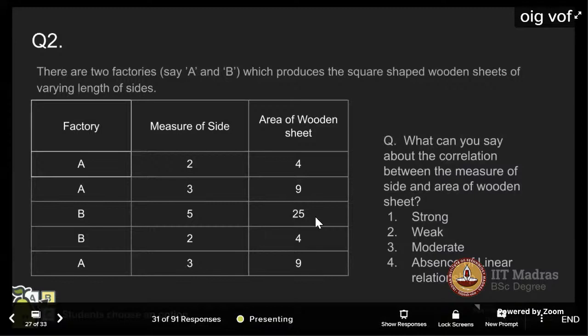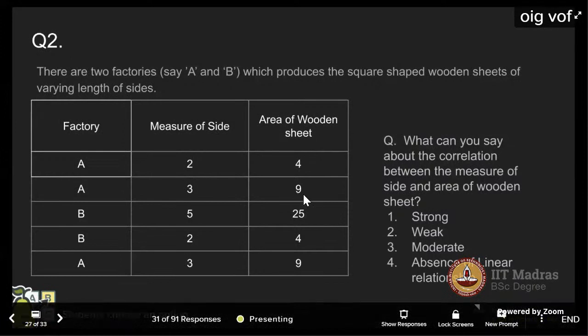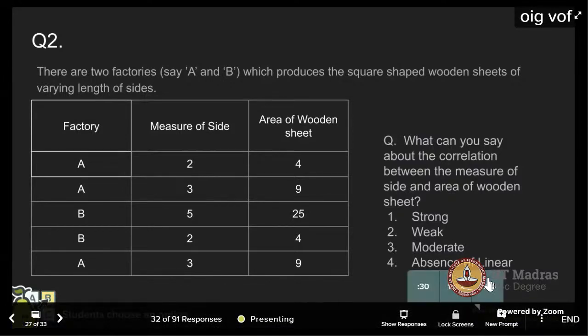Yes, multiplication, then addition. Can you give an example of zero correlation, where the value is exactly zero? Let me think of it. Let's finish this, and I will give it after that.